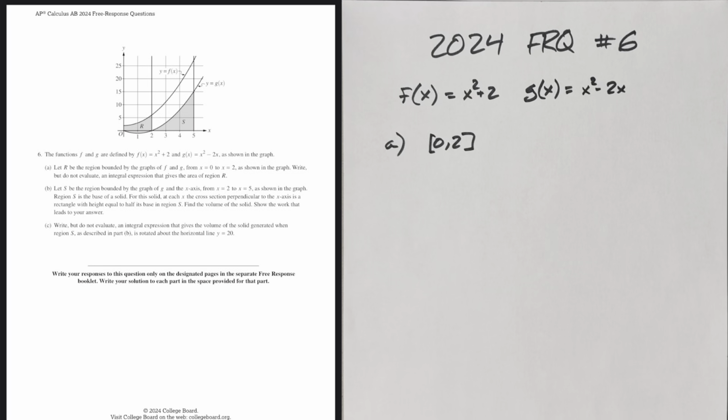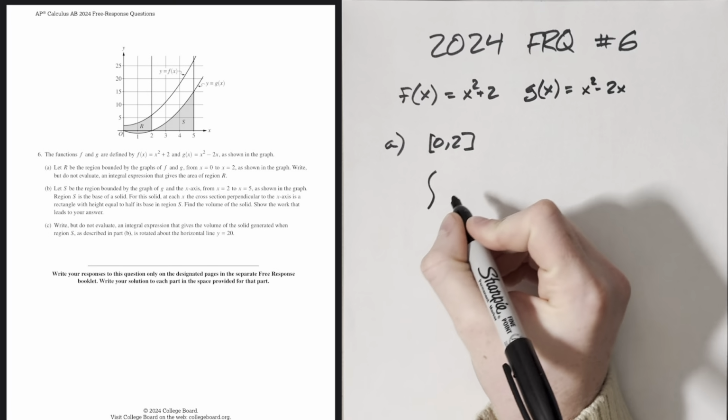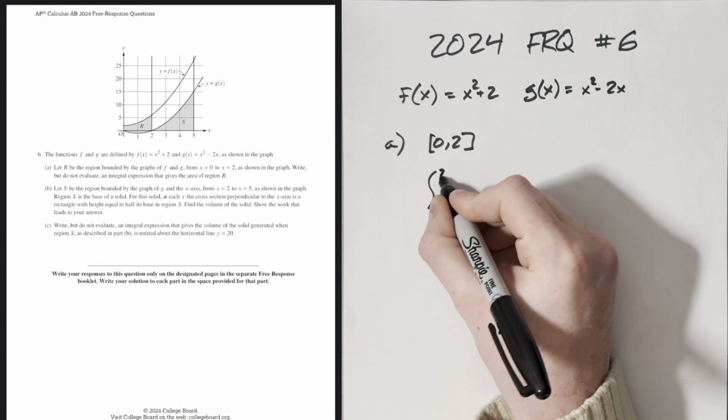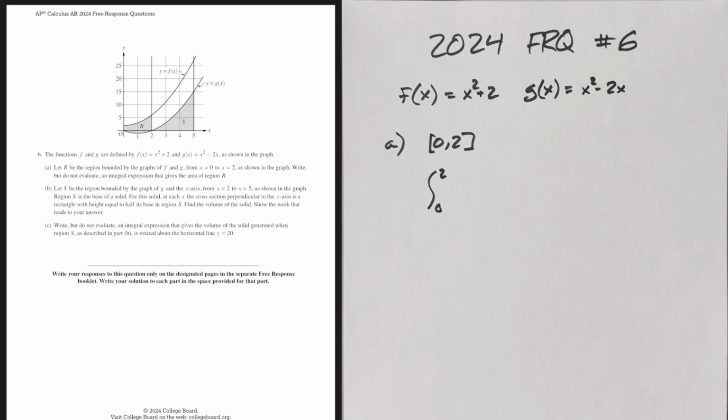Okay, so for this integral, we know that for area we're going to integrate over my bounds, which in this case are from 0 to 2. Region R is bounded from 0 to 2. Then inside the integral, I'm going to take the top function and subtract the bottom function.